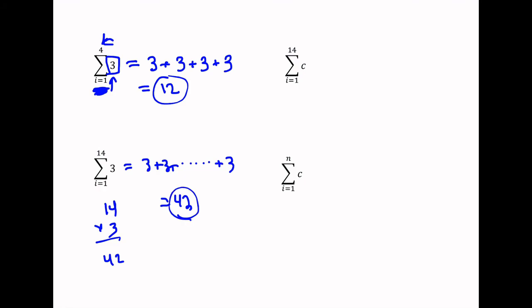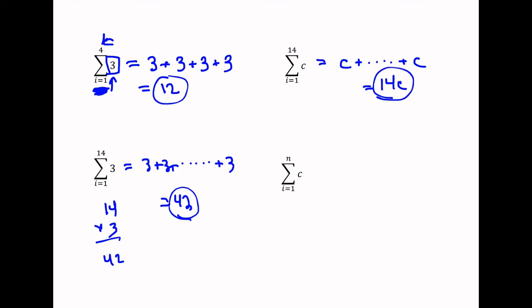So a shortcut for any of these problems: if I want to take the summation as I goes from 1 to 14 of C, that would be C plus C plus C plus C, 14 times, so that would be 14C.